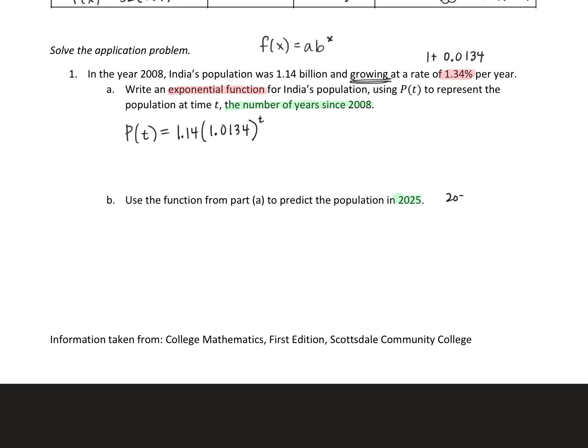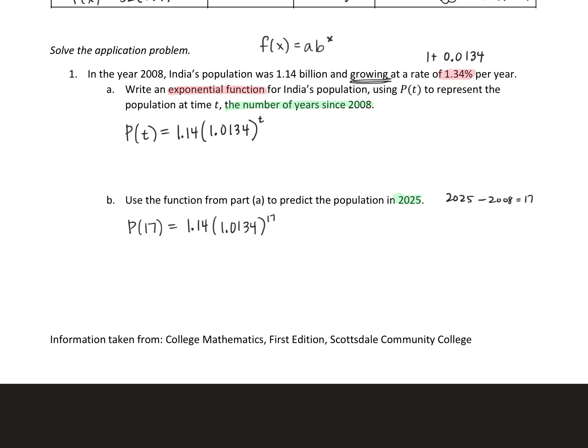So 17 is what you want to use for t. That's the number of years. So P of 17 is 1.14 times 1.0134 raised to the 17th.